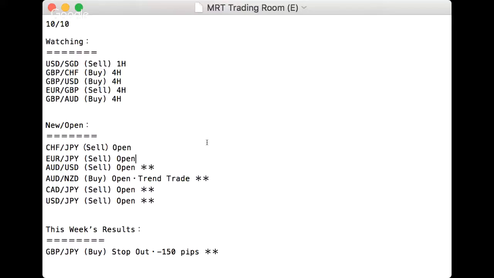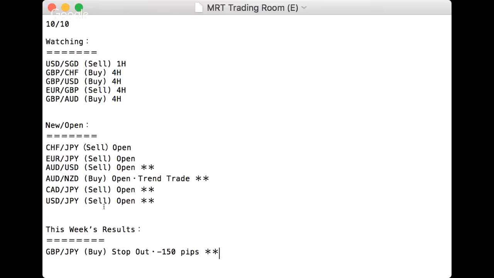Our open trades as of yesterday were the Aussie dollar sell, Aussie newsy buy, which is a trend trade, the CAD yen sell, and the dollar yen sell. And as of yesterday, our only result was the pound yen stopping out last week during the pound flash crash for a loss of 150 pips.